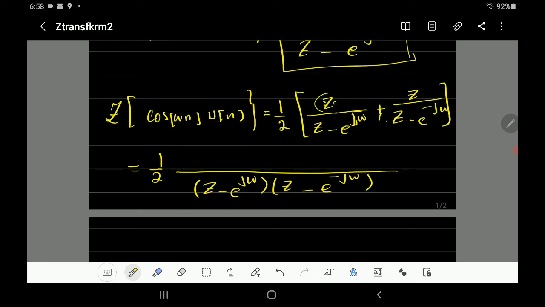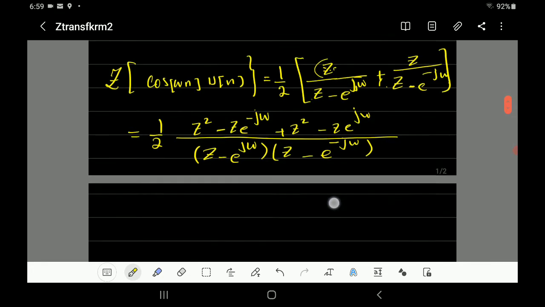Z times z is z square, z times minus e to the minus j omega will be minus z e to the power of minus j omega. I finish this side, then the other side, z times z will be equal to z square and minus z e to the j omega.